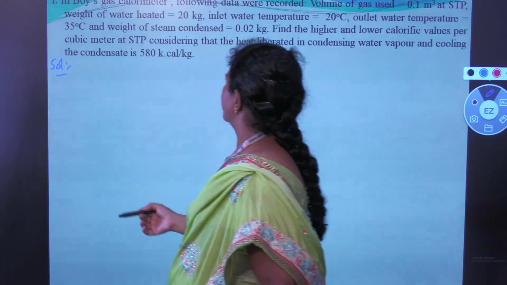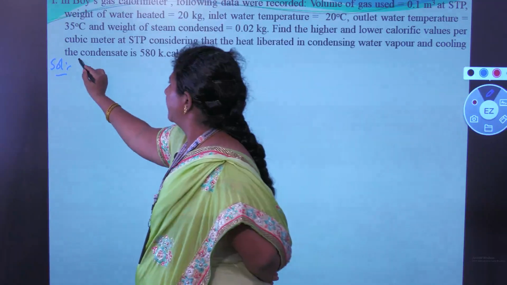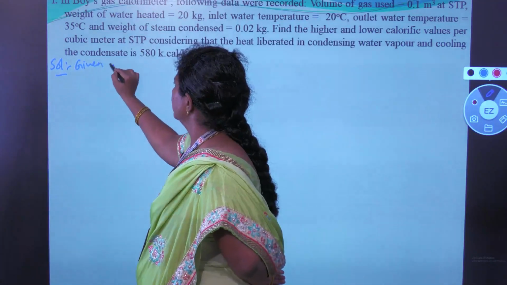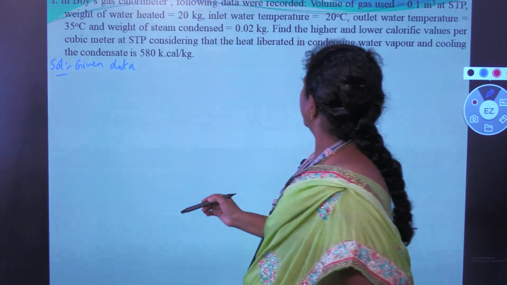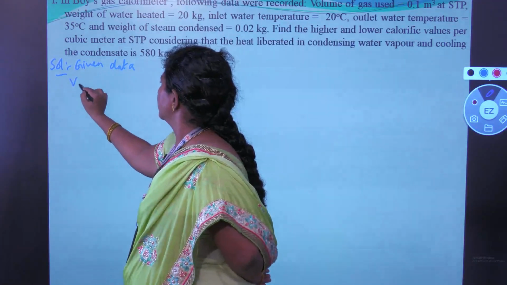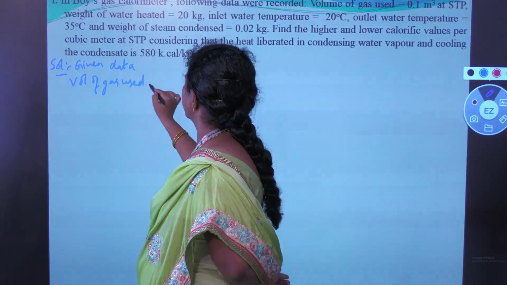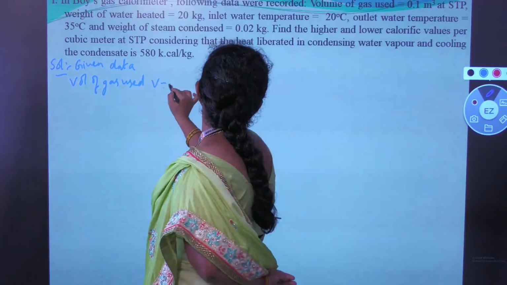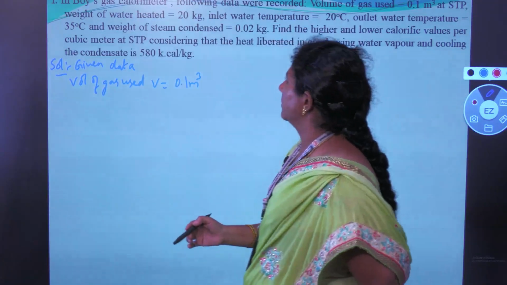Now coming to the solution. First of all we will write the given data. Volume of gas used V is equal to 0.1 meter cube at STP.